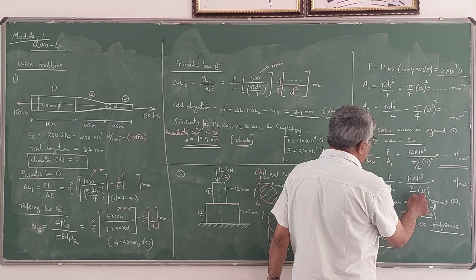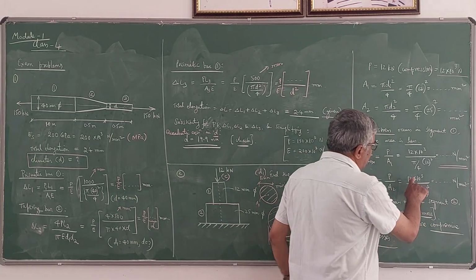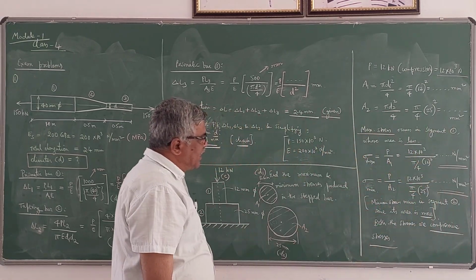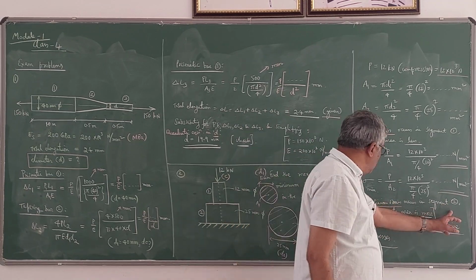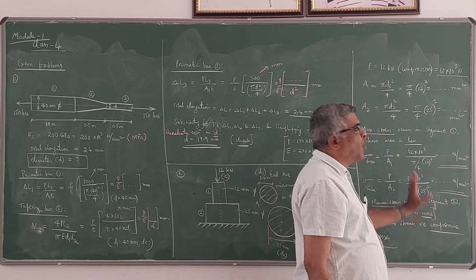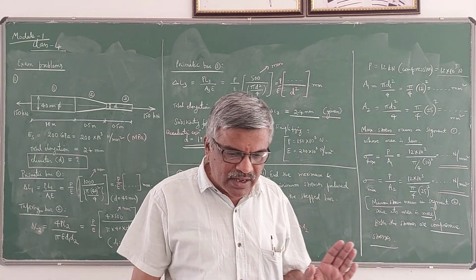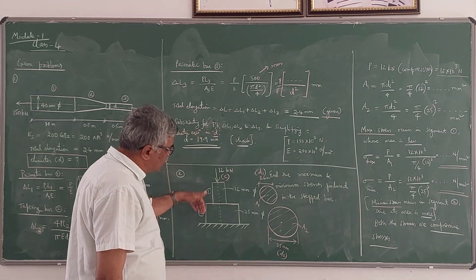Here diameter is 25 mm. Pi d2 square by 4 I have taken. P remains same, so 12 into 10 power 3 divided by A2. It is the minimum stress. Minimum stress occurs in segment 2 since its area is more. But both are compressive stresses only. Both the stresses are compressive because the same compressive force is acting on both the segments.